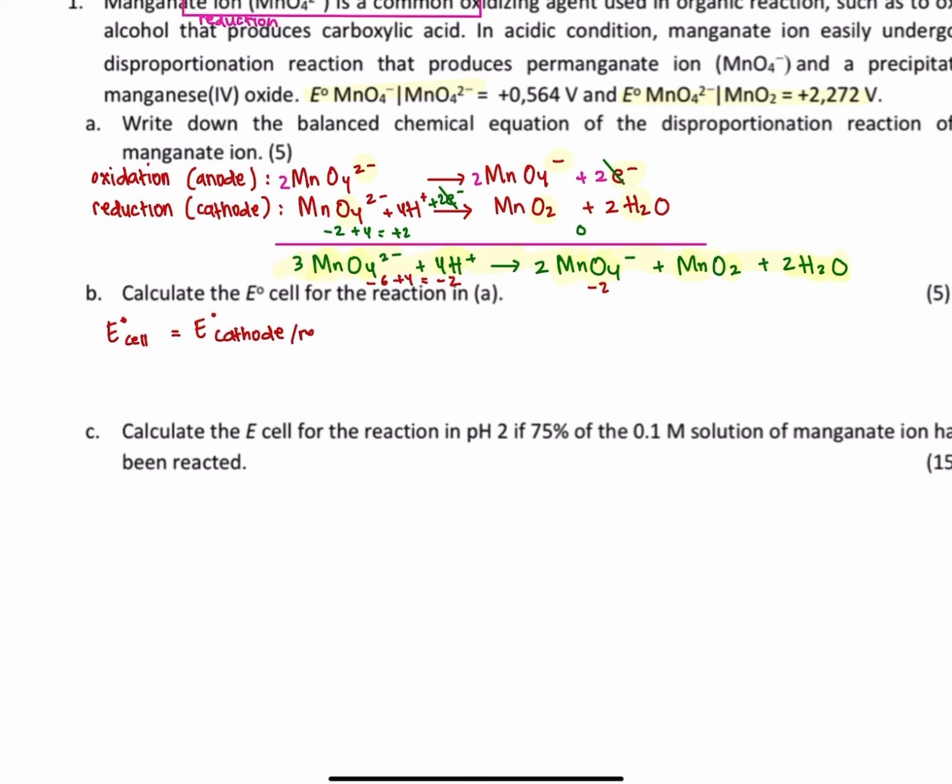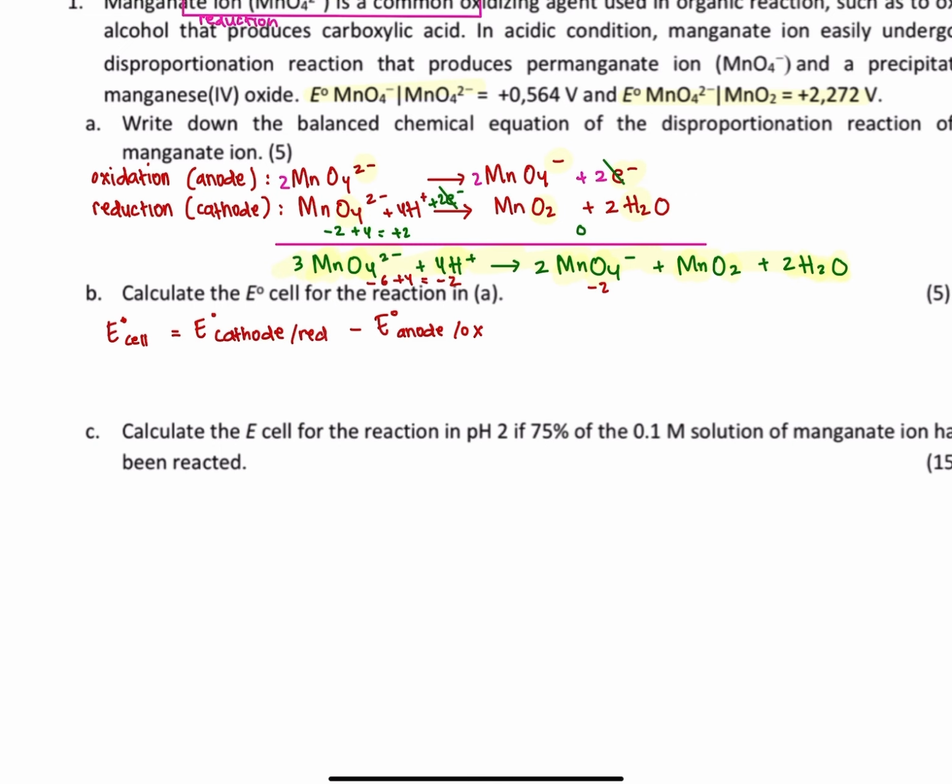I'm going to write reduction minus oxidation. And then what we have to remember is that for this calculation, we are using the reduction potential SE, so we don't change the sign.